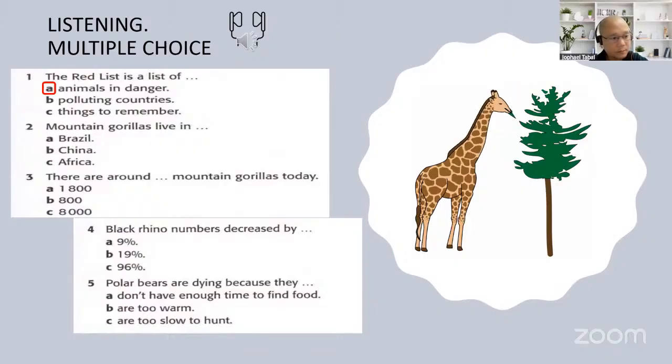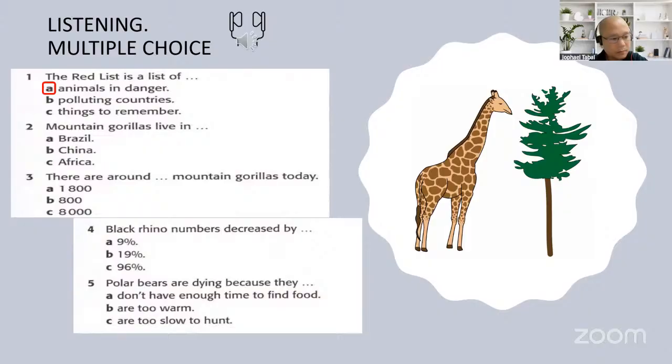Let's look at the mountain gorilla. These animals live in the mountain forests of Africa, but people have cut down their forest homes for farming, and there are just under 800 of these beautiful animals in the world now. So, animals are in danger from pollution and destruction of their environment.